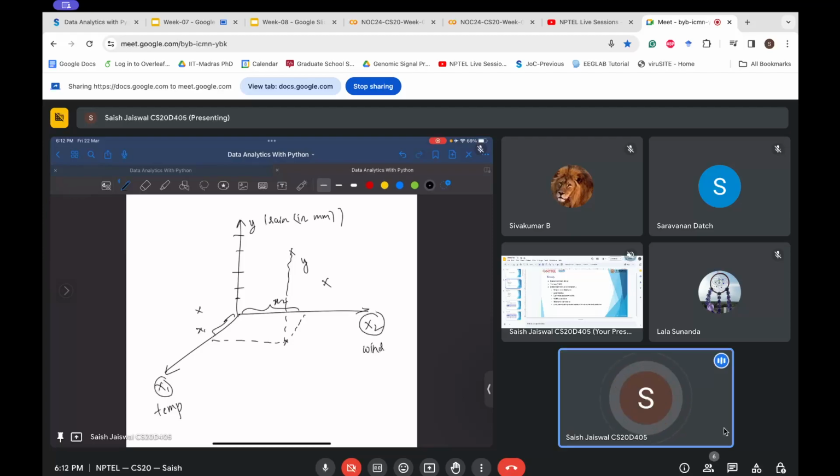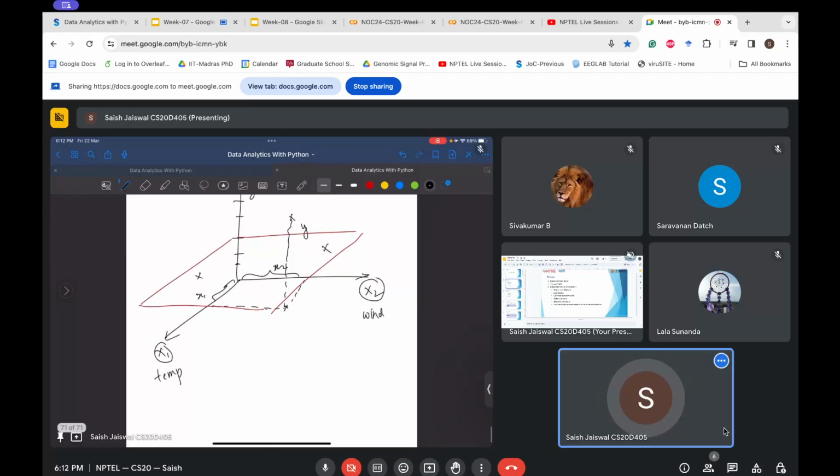In this three-dimensional space, we are trying to fit a plane, and the equation of this plane is y equal to b1x1 plus b2x2 plus b3. Let us use b1, b2 and b3.